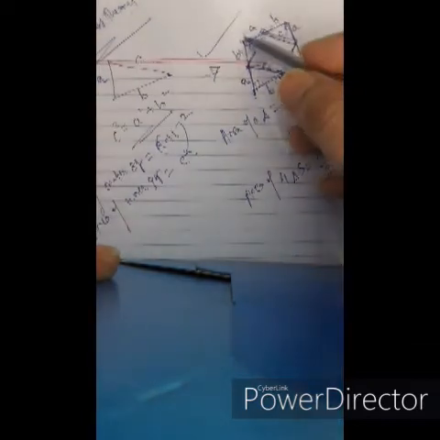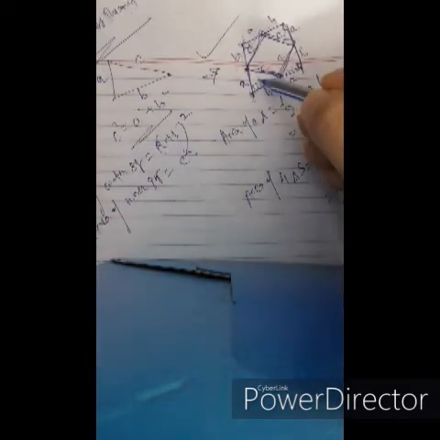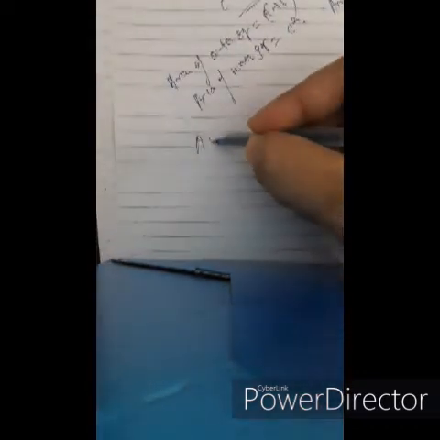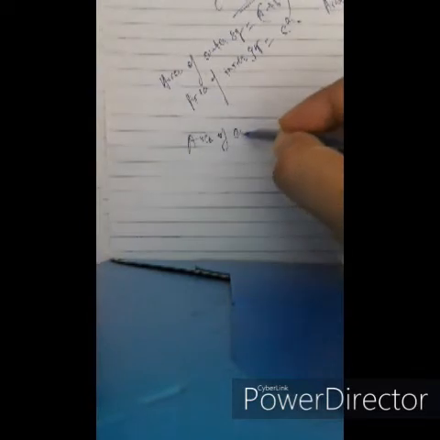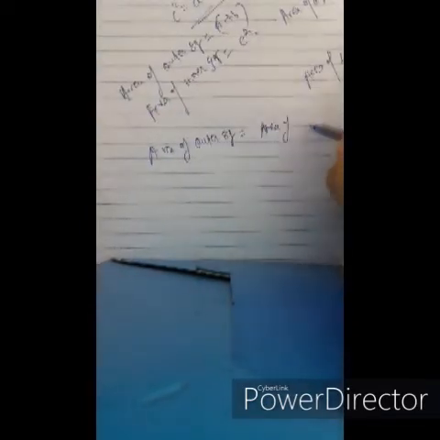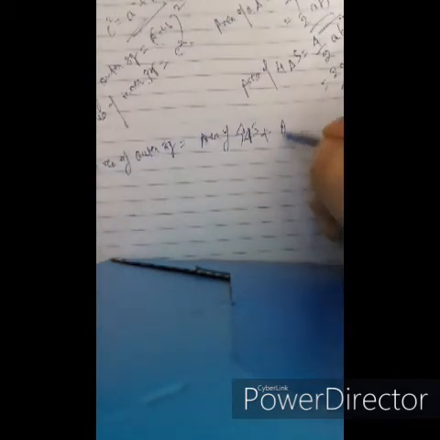Now we'll apply the formula. The area of the outer square is equal to the area of the four triangles plus the area of the inner square.